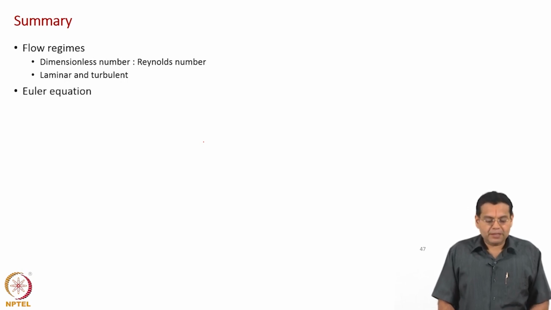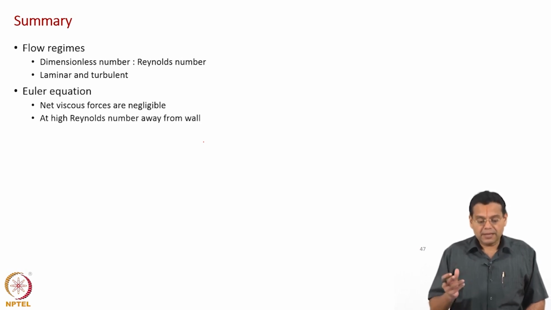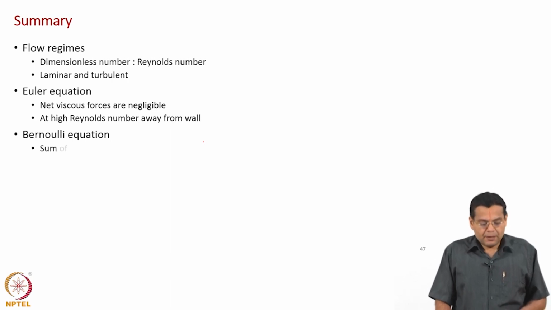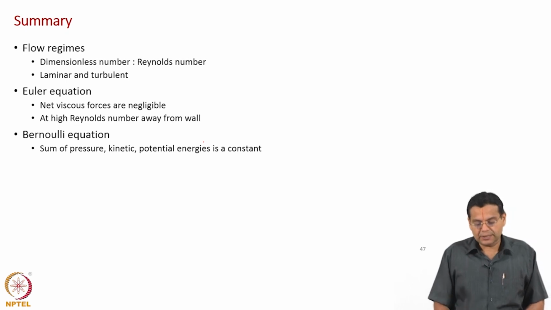Then we discussed the Euler equation, okay, and the Euler equation is applicable for inviscid flows, which means that net viscous forces are negligible, okay, and which happens at high Reynolds number away from the wall. And then we derived the Bernoulli's equation, okay, which tells you that the sum of pressure, kinetic and potential energies, of course, per unit mass is a constant.